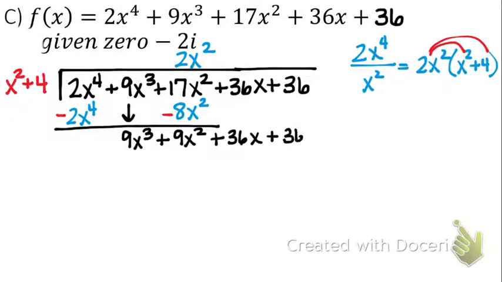And let's repeat. So now to get our linear term, we're going to take 9x cubed and divide that by x squared. And you get a 9x, put that at the top.